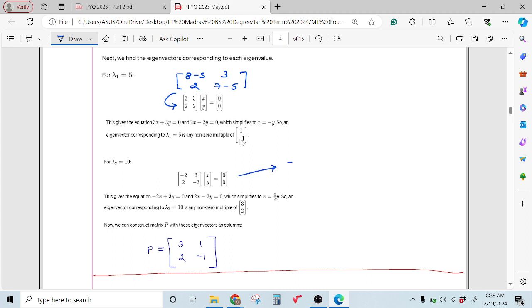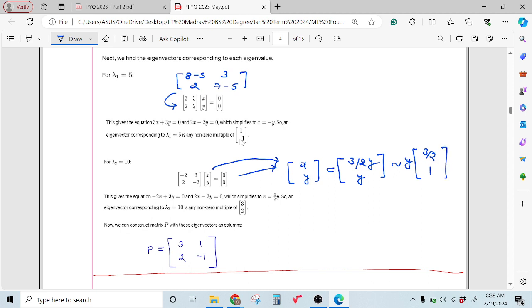You can write this as (x, y). This is the eigenvector (x, y). So we can write x equal to 3/2 y. So this is 3/2 y and this is y. We can take y common, giving (3/2, 1).